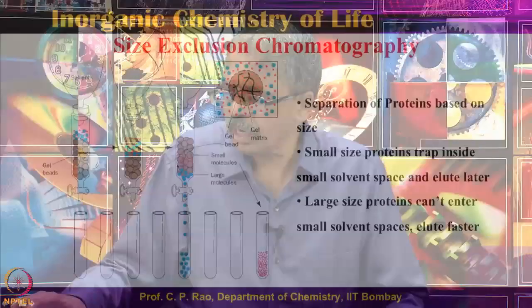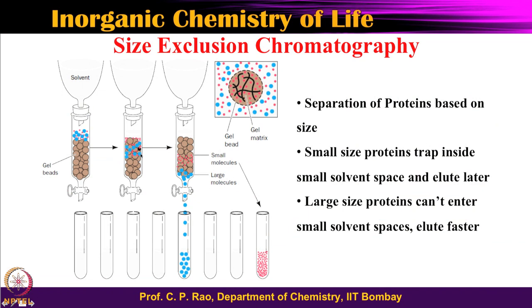You can see the blue color here, the protein, and that is going out. That means that is bigger than this particular bead pore size. So, therefore, that will go out. So, based on the size of the protein you can separate, that is called size exclusion chromatography. So, the size of the protein versus the pore size of the beads that you have.